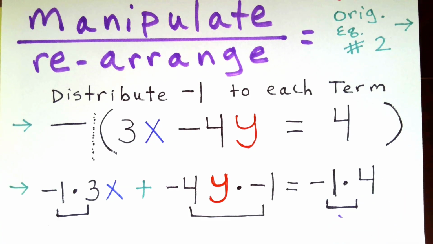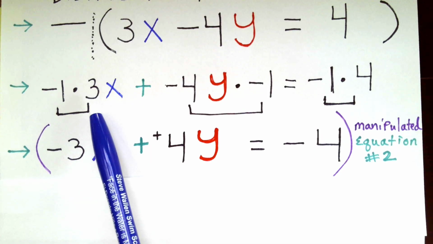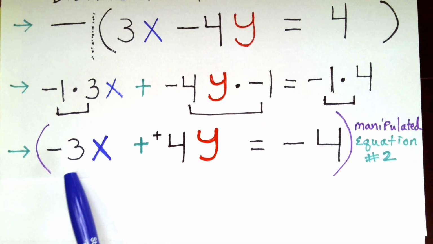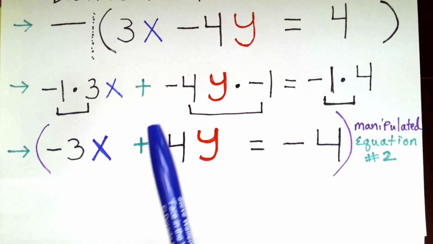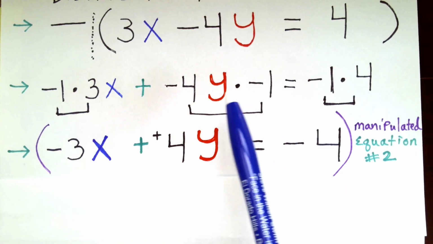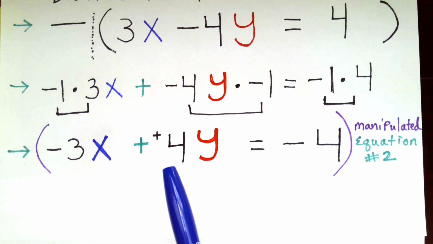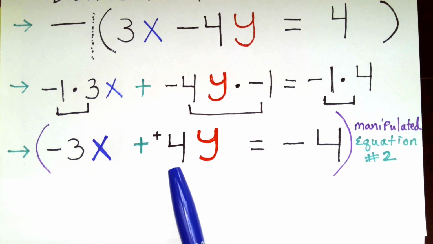Step by step. When we multiply each of these terms by -1: -1 times 3x, -1 times 3 is -3. The x is attached through multiplication. Plus, -4y times a -1: a negative and a negative, when you multiply or divide, gives you a positive value, +4.